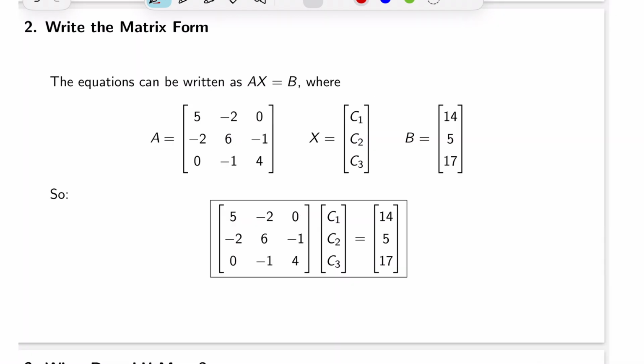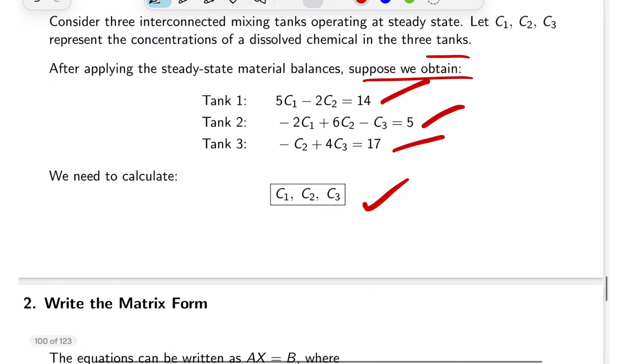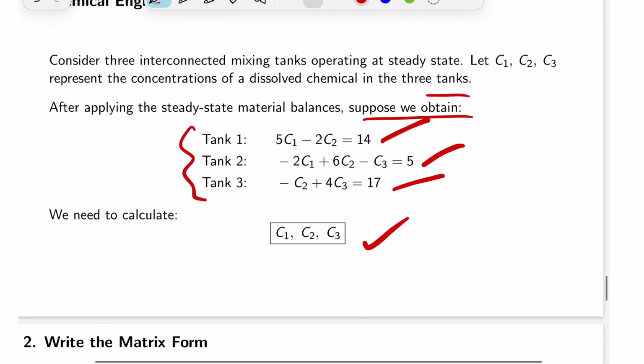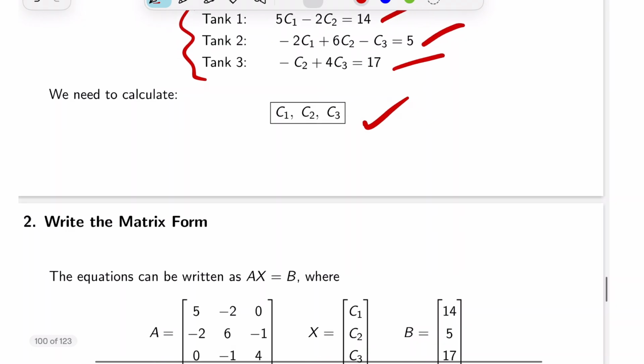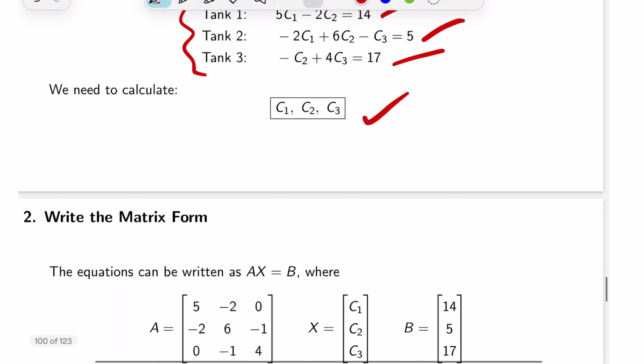Now step number 2, write the matrix form. The equation can be written as Ax is equal to B. So you can write this three tank equation in terms of matrix form. You can see here, 5, minus 2, 0, minus 2, 6, minus 1 and 0, minus 1, 4.